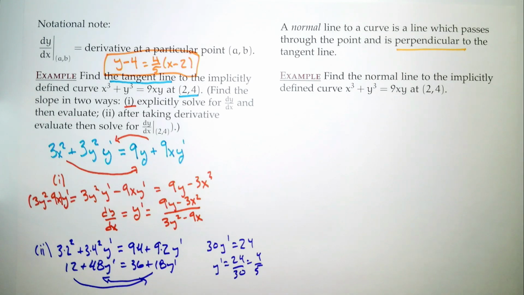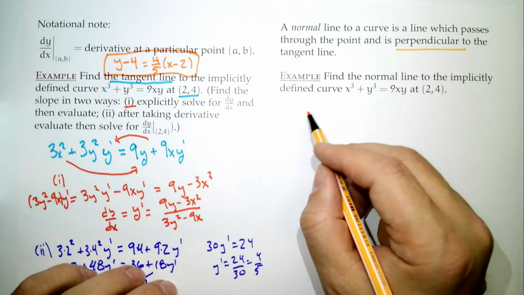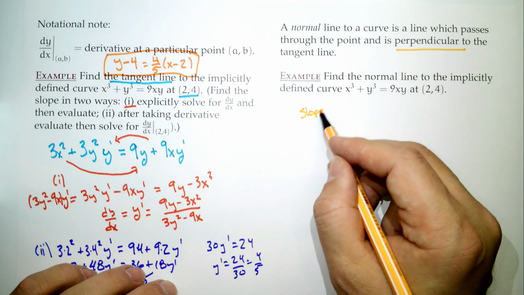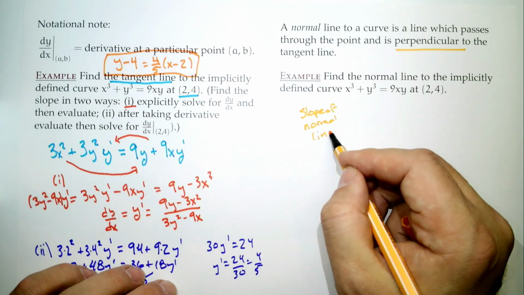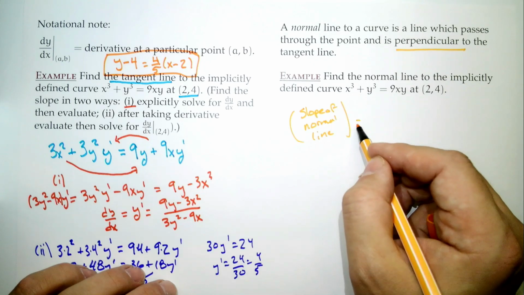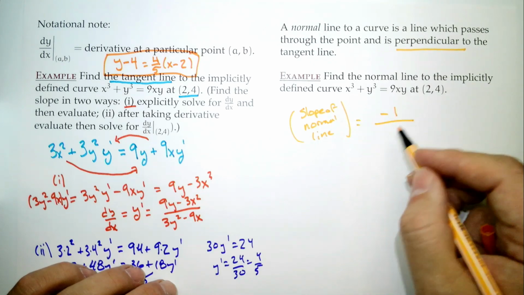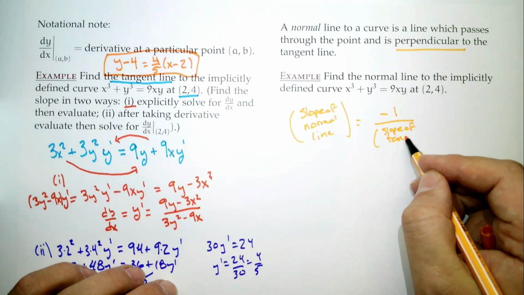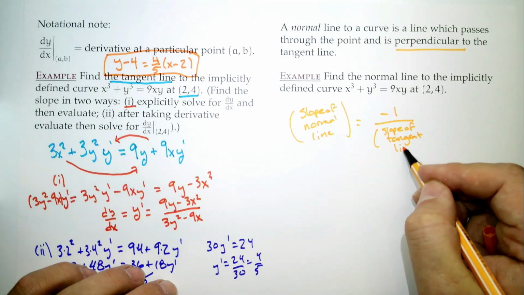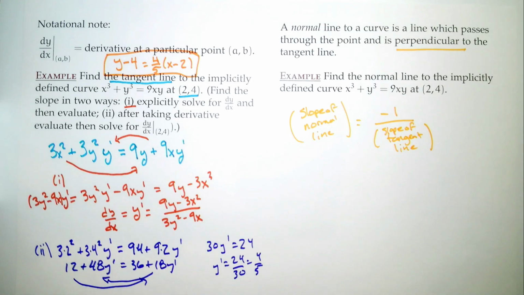Okay, so if I want to find the slope of the normal line, well, the answer is I take negative 1 over the slope of the tangent line. So that's the fact that they're negative reciprocals.